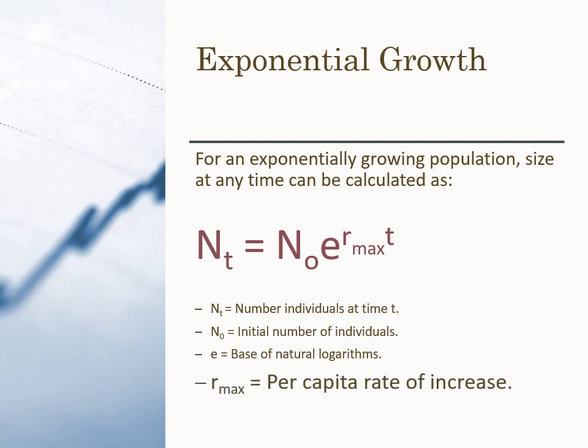So R max is your per capita rate of increase, and t is your number of time intervals. So the more time intervals, the greater the number of times you're multiplying your initial population size times e.